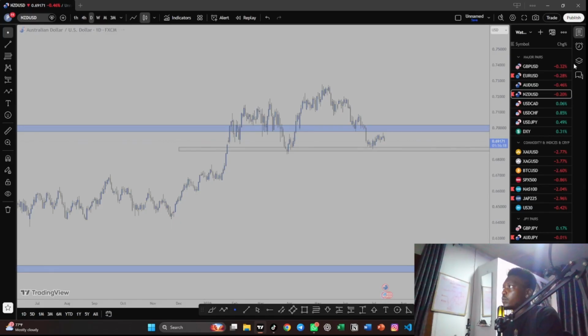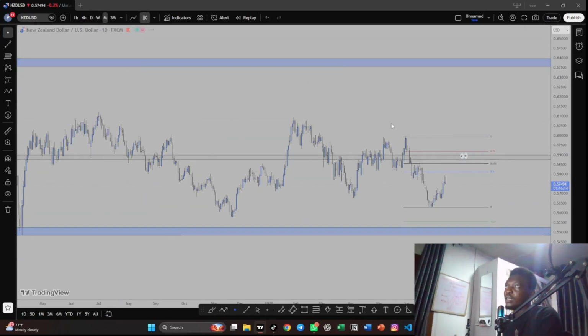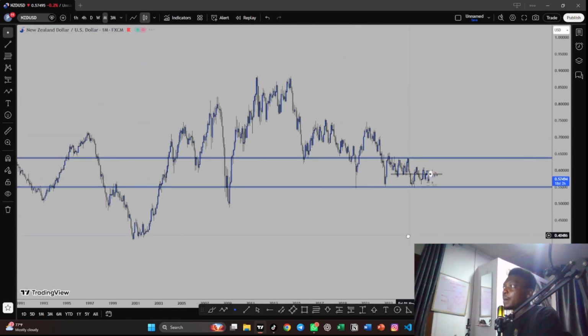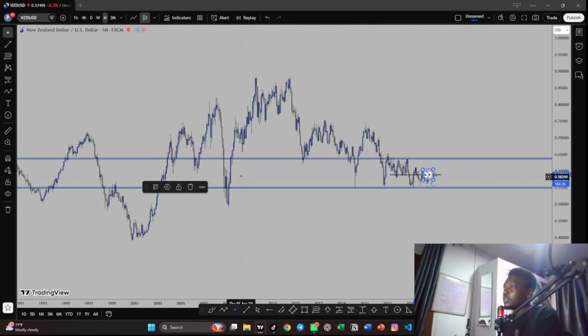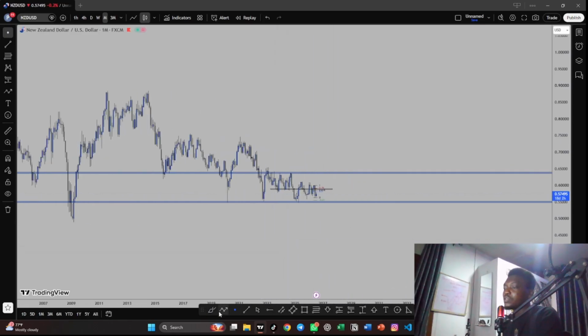And let's move to NZD USD. NZD USD, we have price approaching, let me take this off, approaching supports. We can see a downtrend, and also this is creating some sort of a descending triangle pattern. A descending triangle pattern is a sell, or let me say a bearish continuation pattern.